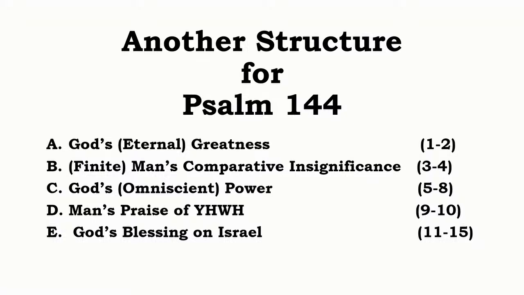And in the last 5 verses, 11 through 15, we have God's blessing, in particular, God's blessing on Israel, to wind up David's psalm here, Psalm number 144, the 11th and last royal psalm.